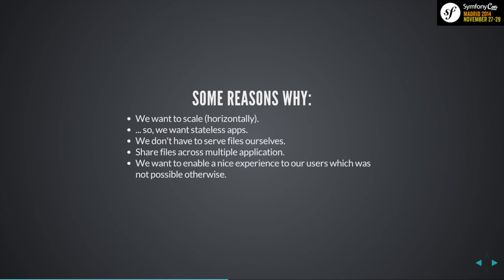Why do we want to do this? We want to scale our applications because we need more servers lined up next to each other. You probably already know how that scaling works, and if not, there are plenty of other talks that explain it very well. If you want to scale, you want stateless apps. If you have apps that run on multiple machines and they all just talk to a local file system, they become unaware of each other.